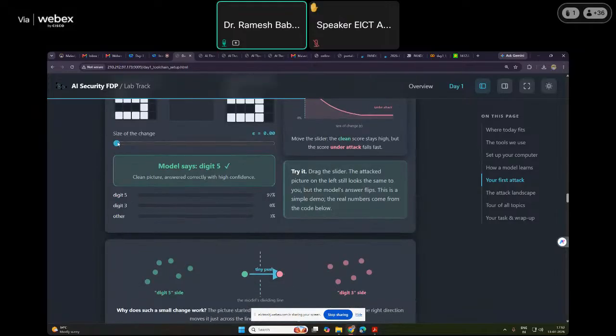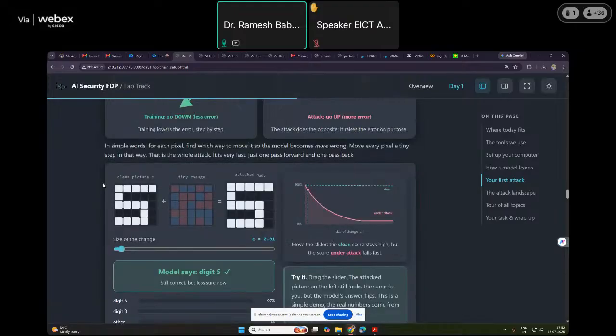Here, when you increase this bar, you will see the model recognizes the digit as 5, but when you increase it to a certain point, it suddenly starts to recognize this input as 3. The rough value at which it starts to recognize it as 3 is around an epsilon of 0.14. So it has relevance here.